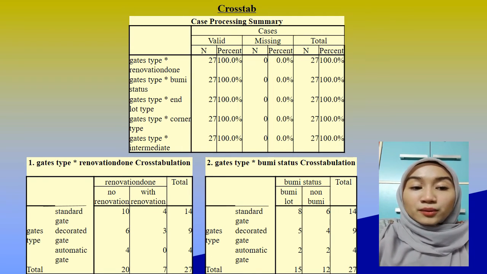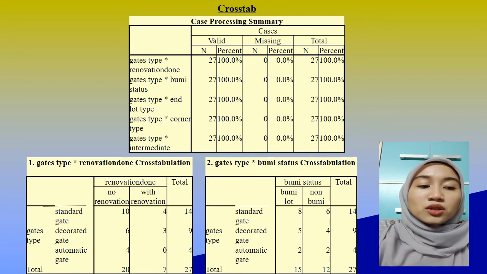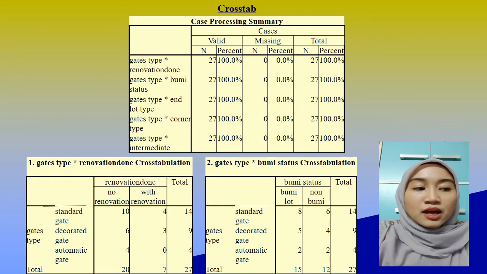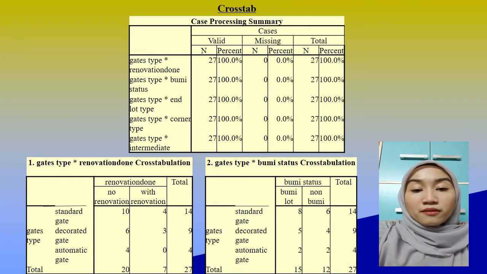Meanwhile, for the automatic gate, there is no gate with renovation, while no renovation is 4. So the overall automatic gate total is 4. The total of no renovation is 20 and with renovation is 7, and the total for all types of gate is 27.